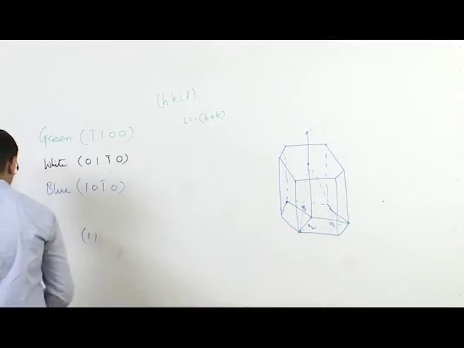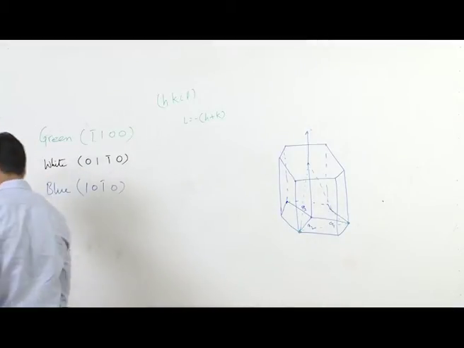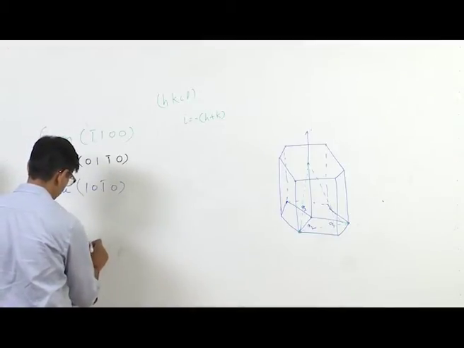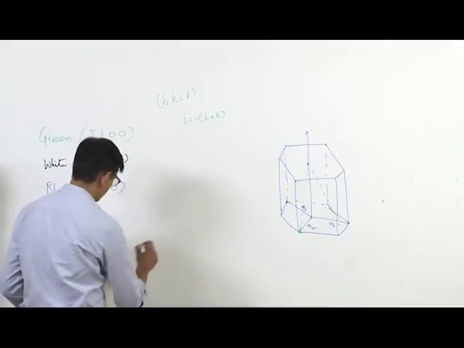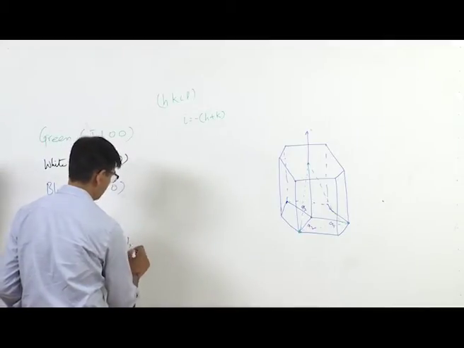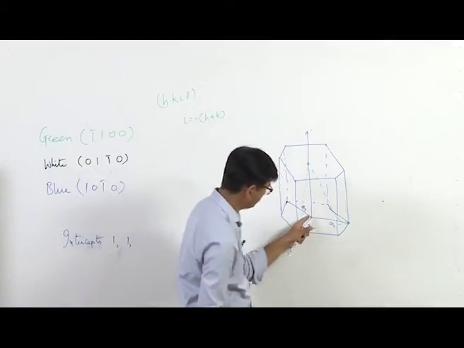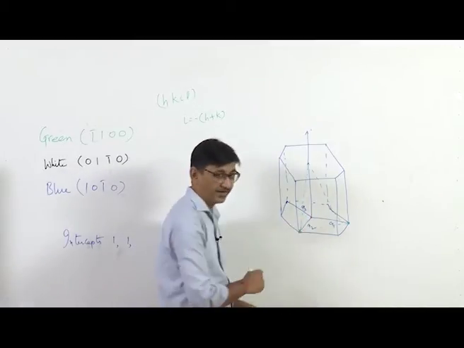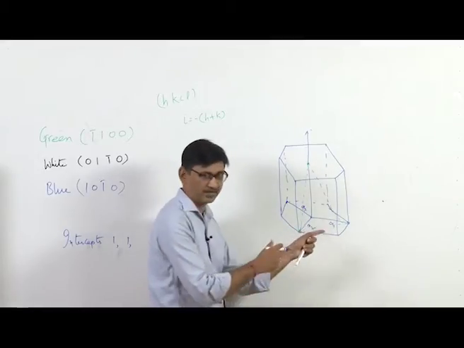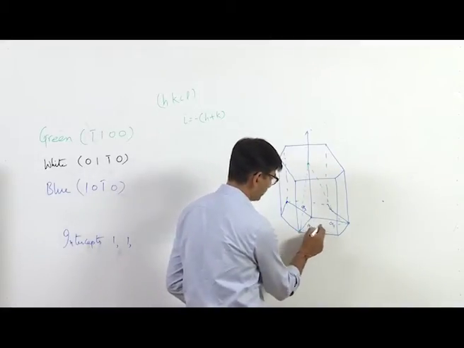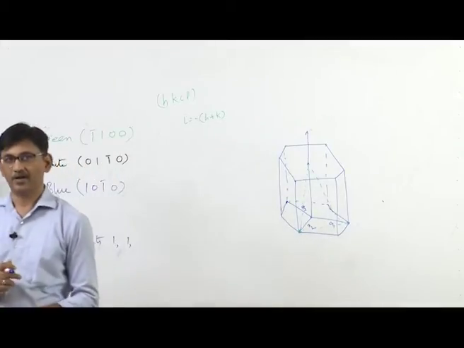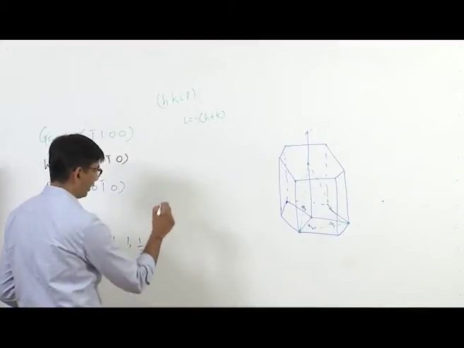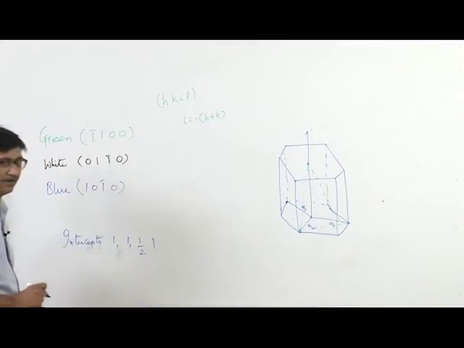Sorry, I will first write the intercepts and then we will see what is happening. So, intercepts I am writing first: 1, 1. Now, it is also making an intercept for the A3 axis, and it is in the negative direction. If you do a little bit of trigonometry here, you will find out that it is cutting at half of A3. So, it will be half here, and in C again it is making at 1.